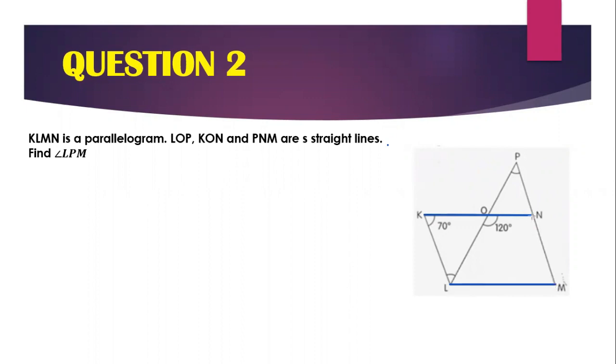LOP, KON, PNM is a straight line. Straight line here, right? Good. Find angle LPM.